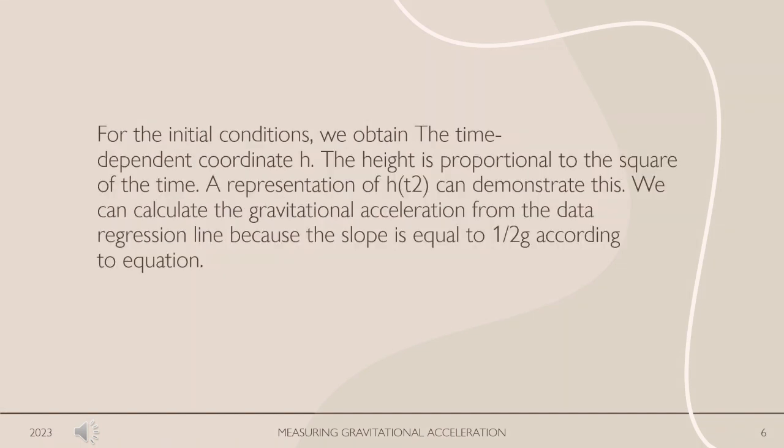For the initial conditions, we obtain the time-dependent coordinate h. The h is proportional to the square of the time. A representation of h against t squared can demonstrate this with a regression line, because the slope is equal to half of g according to the equation.